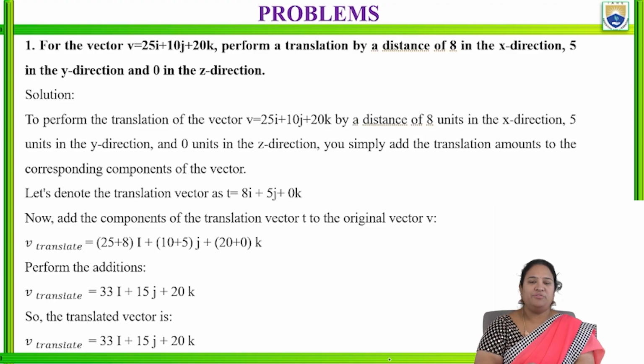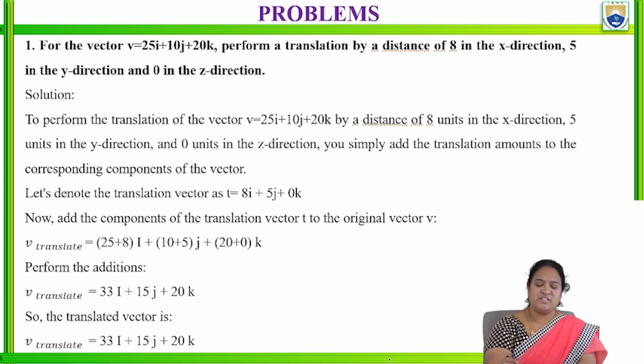Coming to the first problem, let us see. Let me read the question first. For the vector v equal to 25i plus 10j plus 20k, perform a translation by a distance of 8 in the x direction, 5 in the y direction and 0 in the z direction.